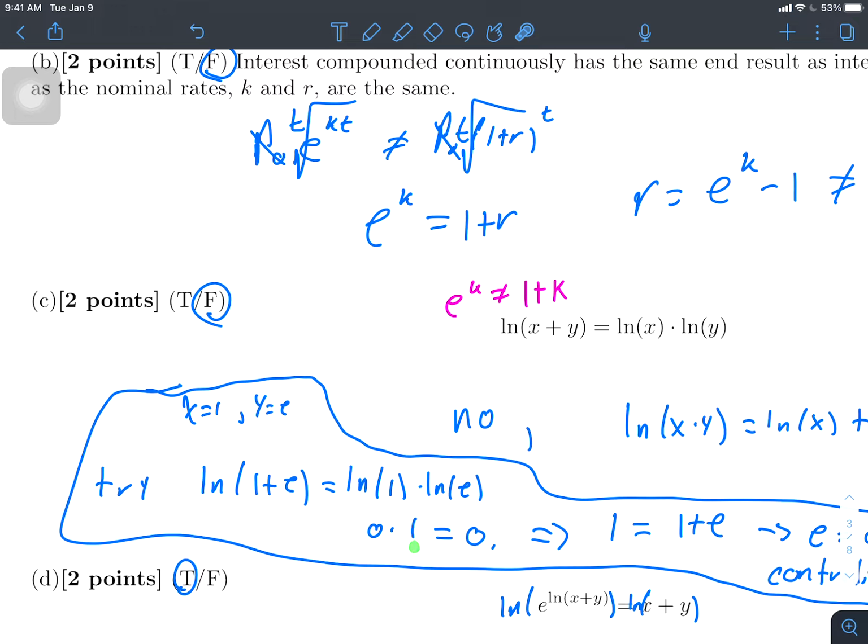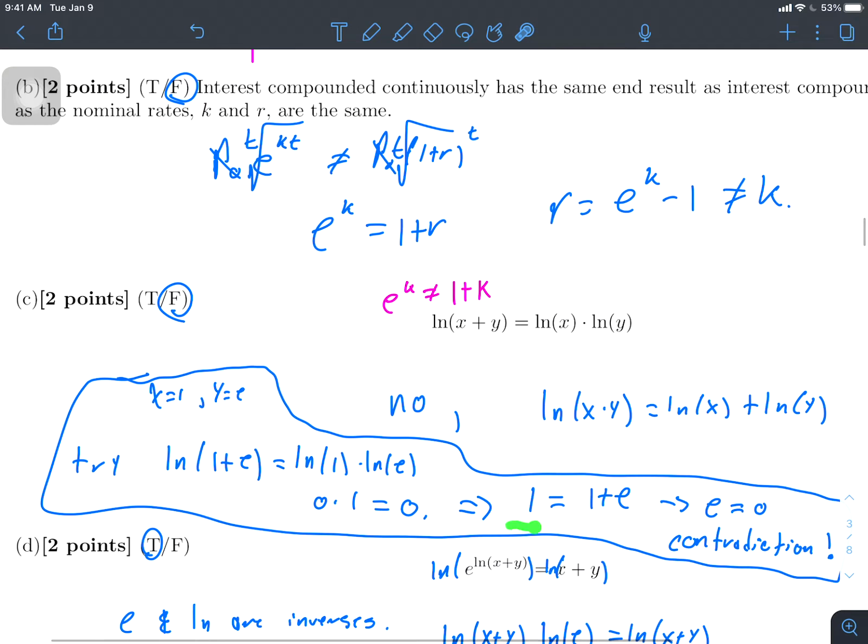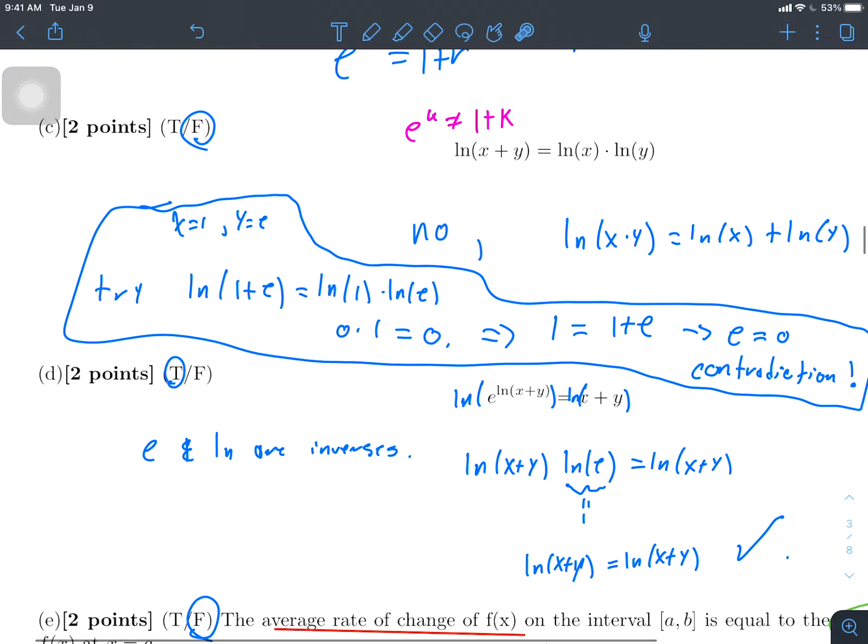So that would mean that ln of 1 plus e is equal to 0. But I know that's not true because I know the natural log function is only 0 when the input is exactly 1. So this is a contradiction, right? That would mean that 1 is equal to 1 plus e, which would mean that e is equal to 0, which is not true. So that's another way I could solve that one.